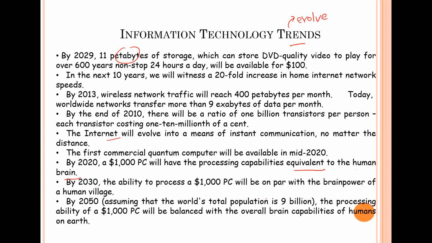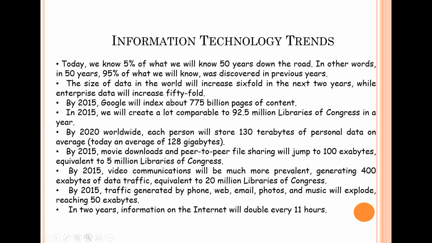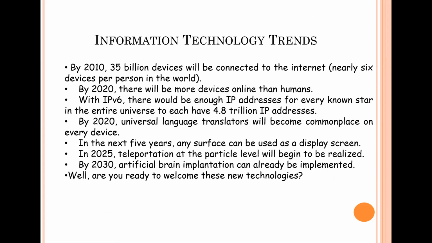And then in 2030, it is hoped there will be the brain power of a human village. And then 2050, there's a balance with the overall brain capabilities of humans on Earth. It's like future trends. We don't know what the future holds, right? Okay.